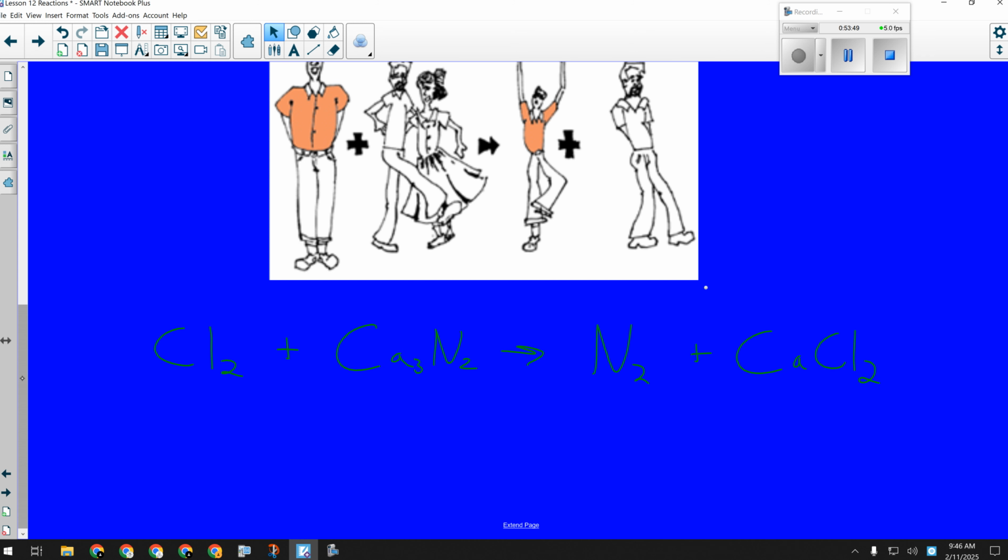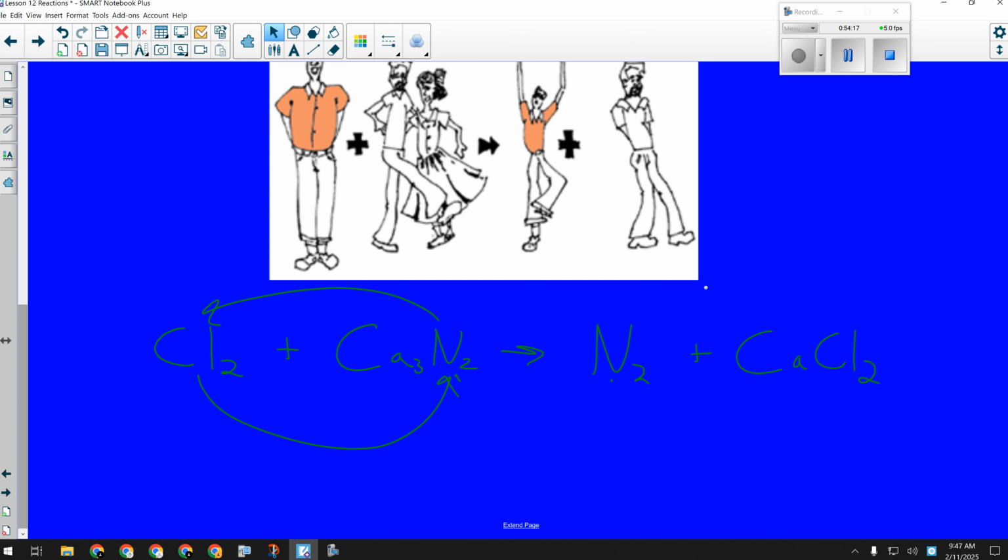And what happened was chlorine replaced the part of the ionic compound that it is like. It replaced the nonmetal, right? And what that ended up doing was putting nitrogen all alone and having calcium end up with chlorine on the other side. Okay? So whatever that lone element is, it just replaces the part of the ionic compound that it is like. Okay, everybody with me there?